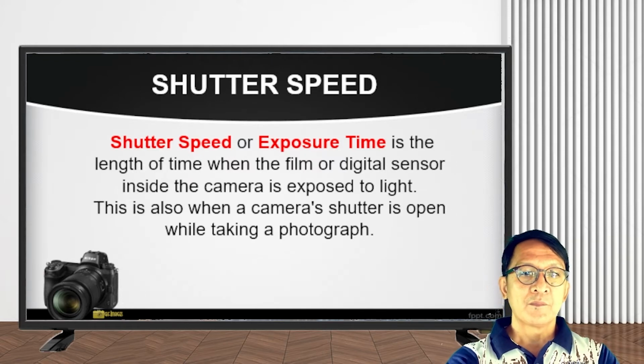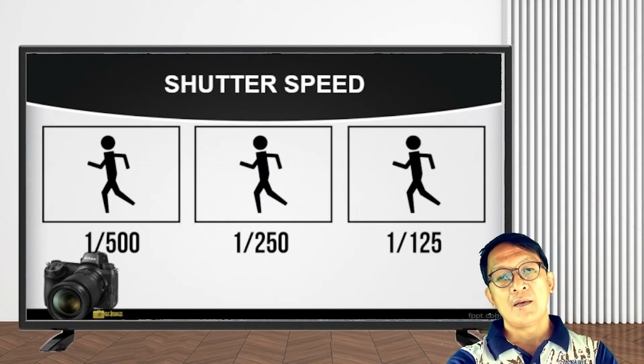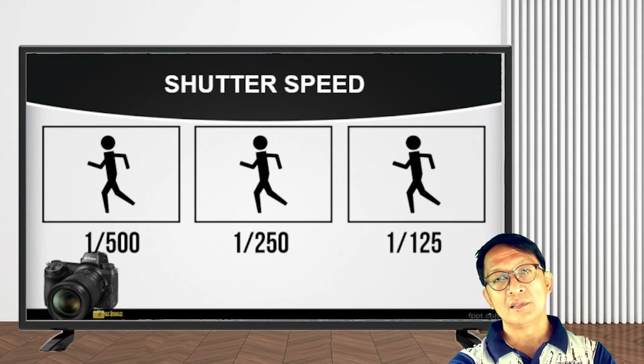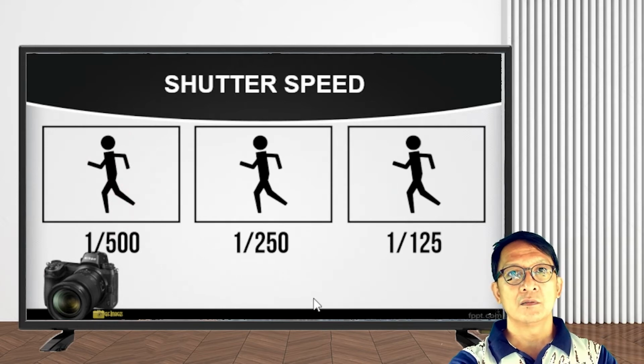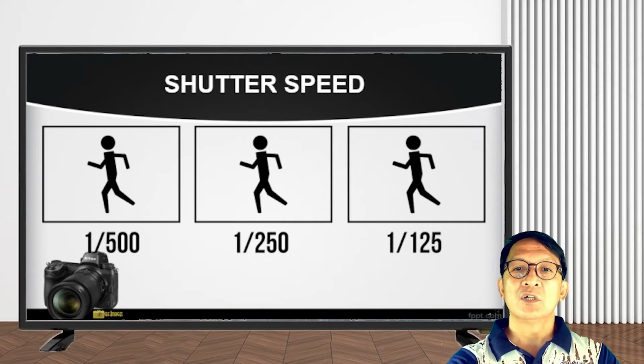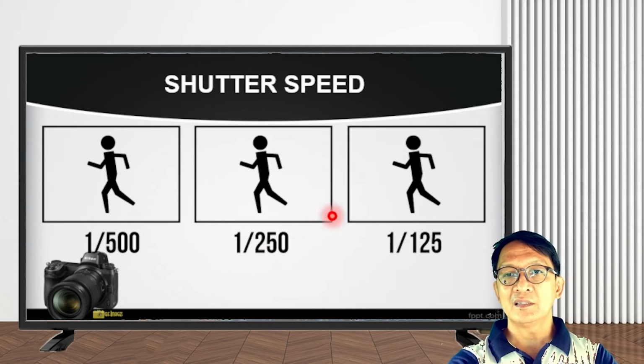Ayan. Halimbawa, ito yung example, no? Pag ang shutter speed nyo is 1/500, nakaka-capture nyo yung mga moving object. Pwede nyo i-freeze once you click the shutter of your camera. 1/250, okay pa, napi-freeze niya pa.